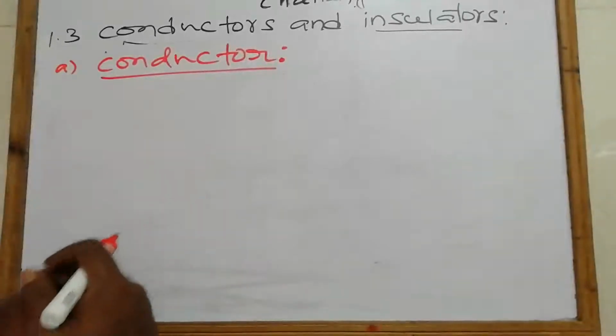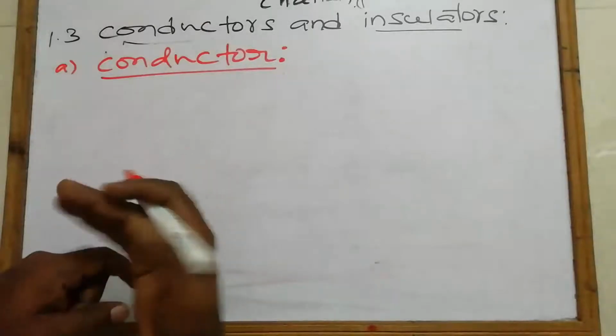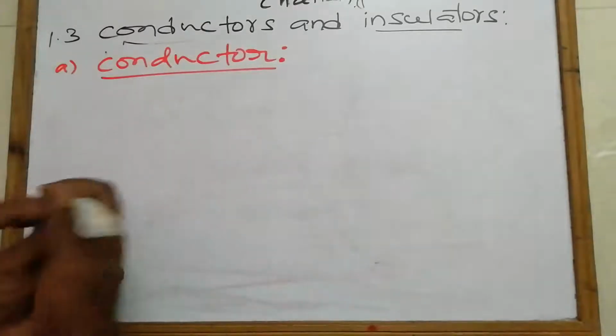Discussing conductors: some substances allow the passage of electricity through them.